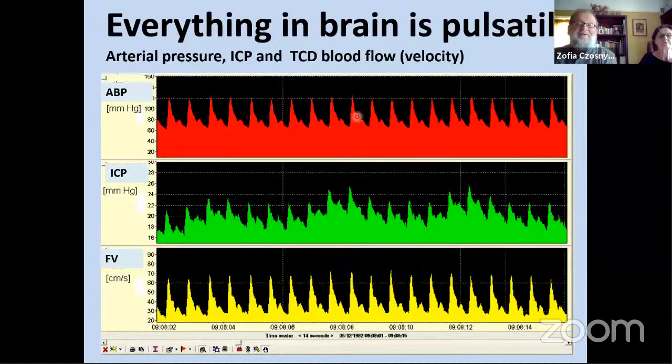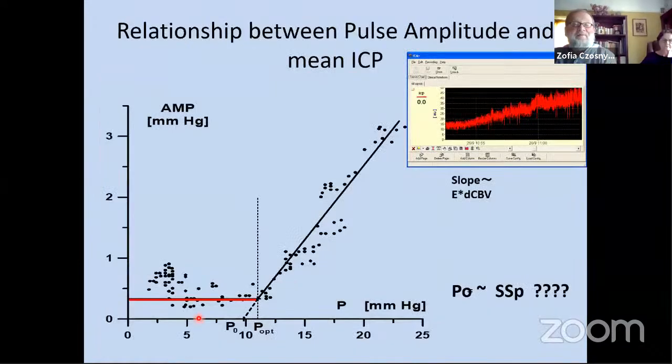Everything is pulsatile in the brain. Arterial blood pressure, intracranial pressure, also blood flow through big cerebral arteries, here picked up with transcranial Doppler, are pulsatile. So pulsatility of intracranial pressure is very important.